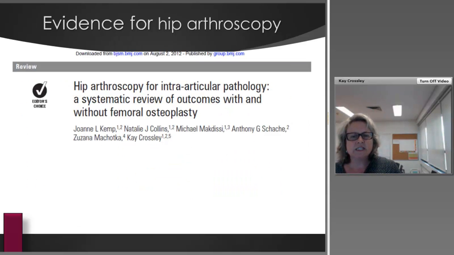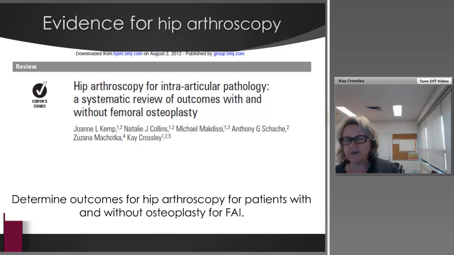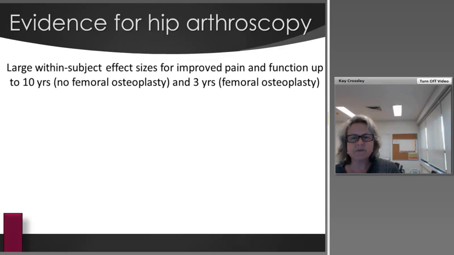Jo conducted a systematic review of outcomes following hip arthroscopy, comparing people who had an osteoplasty for FAI and those who didn't. What she found was there were large within-subject effect sizes for improved pain and function.